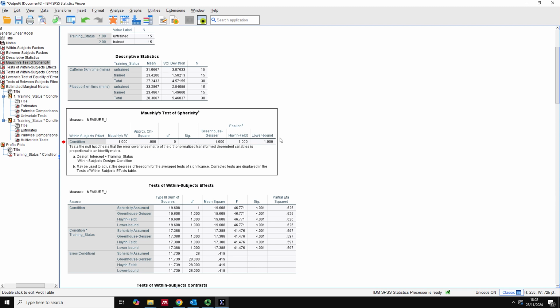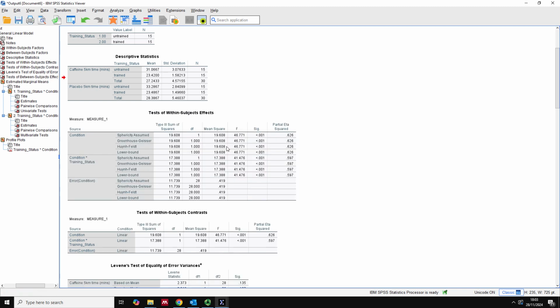So for example, if we did a study design where we looked at a placebo, then a low dose of caffeine versus a high dose of caffeine, we suddenly would have 3 levels, and this would kick in, and we would have to check that. But because we've only got 2 levels, this doesn't matter, so we're not going to worry about that and click delete. Okay.